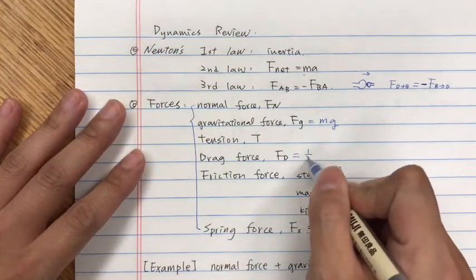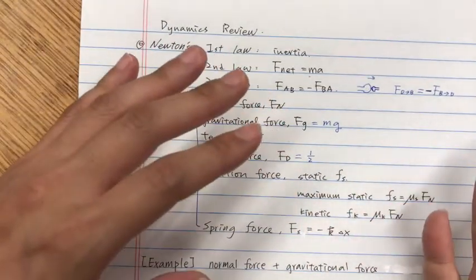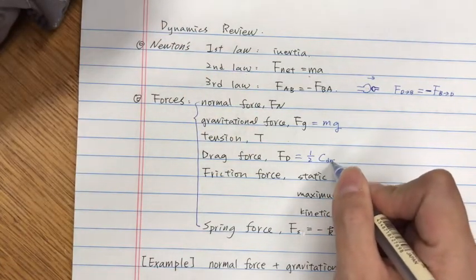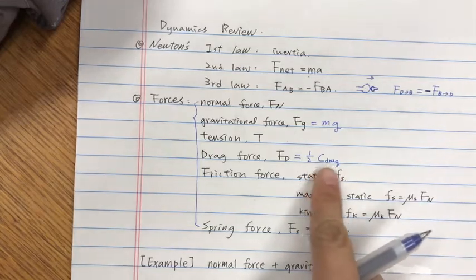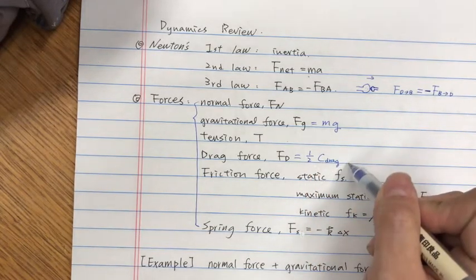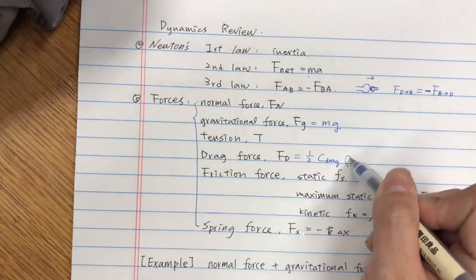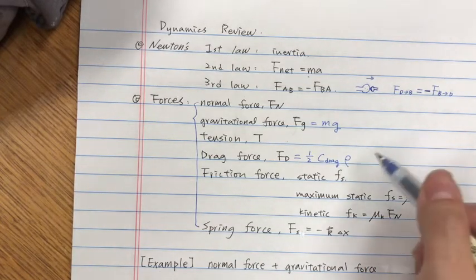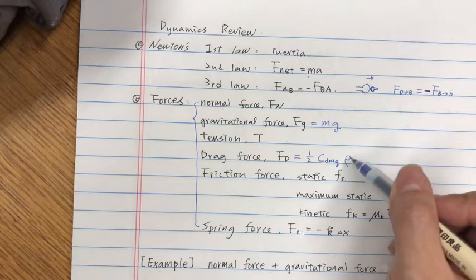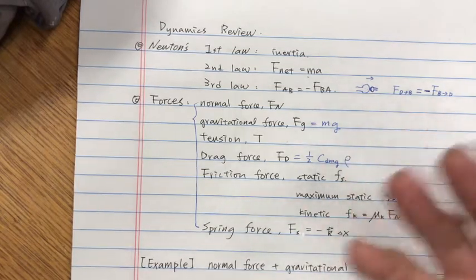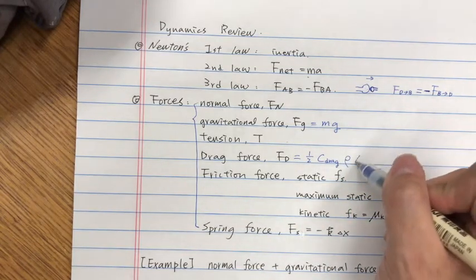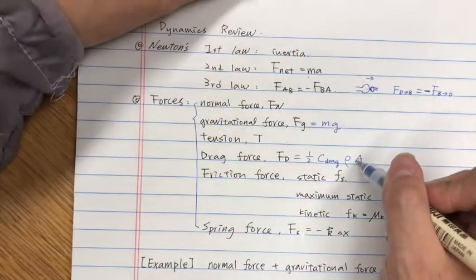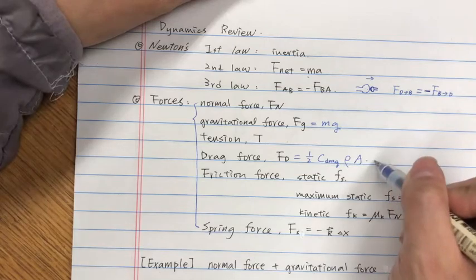And that drag force has something related to the fluid: the coefficient of the fluid, related to the density of that fluid. If the water is very, very dense, then you will feel more resistance, more drag. It also depends on your frontal surface area, and on your speed.